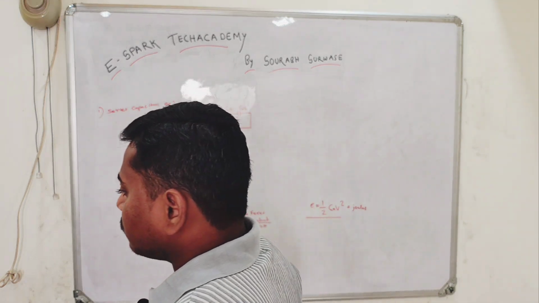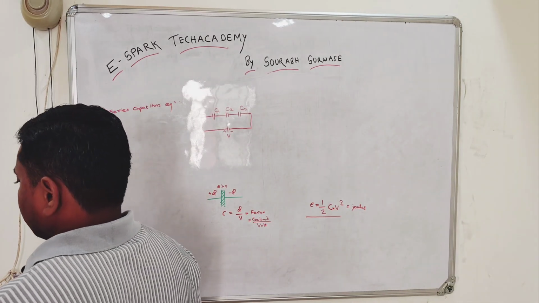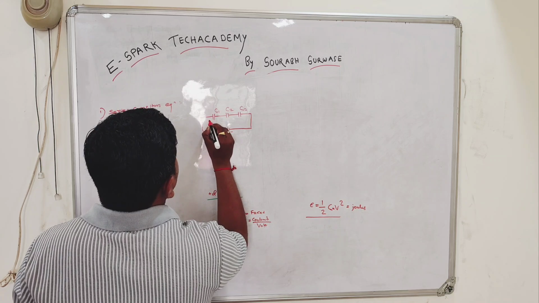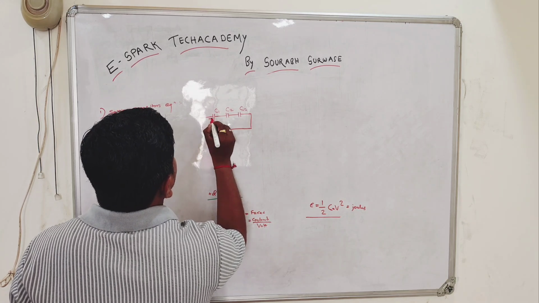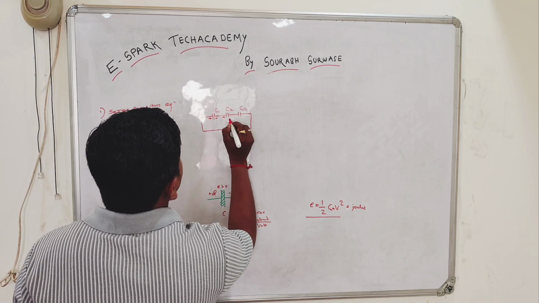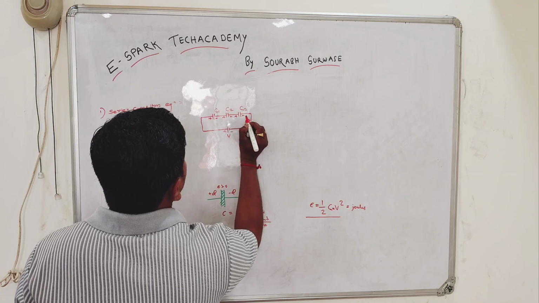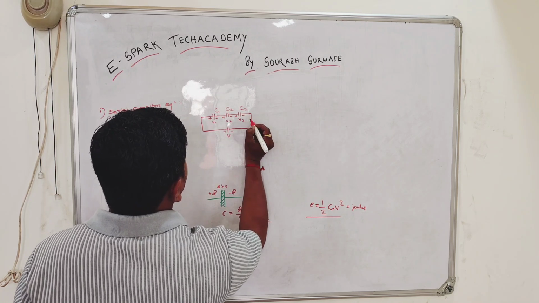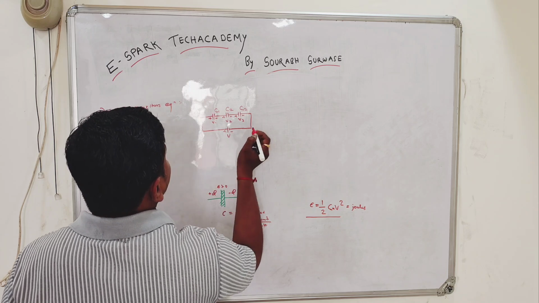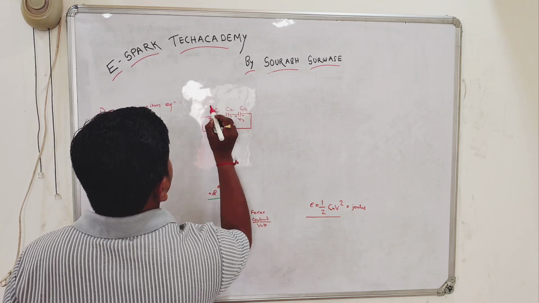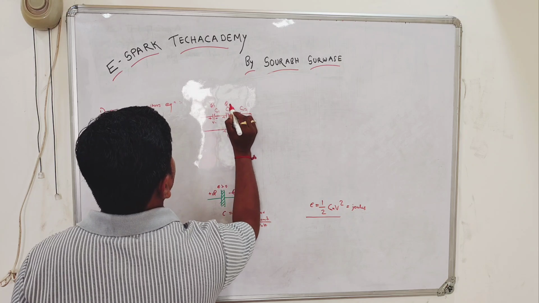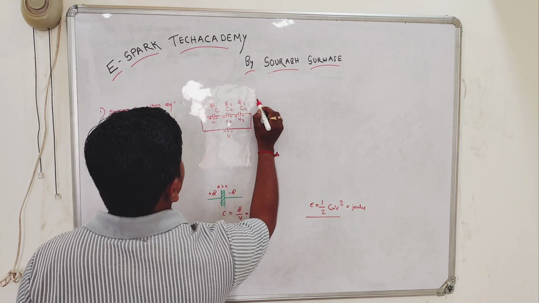Now in series capacitors, what happens is that the voltage gets divided, V1, V2, V3, and the charges are equal, Q1, Q2 and Q3.